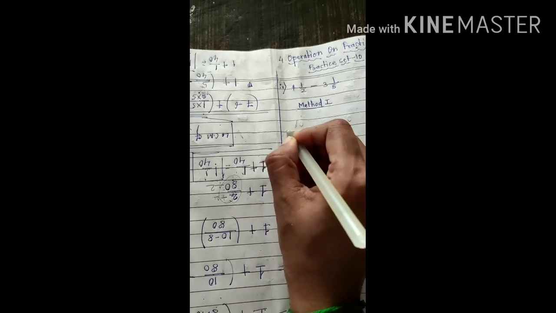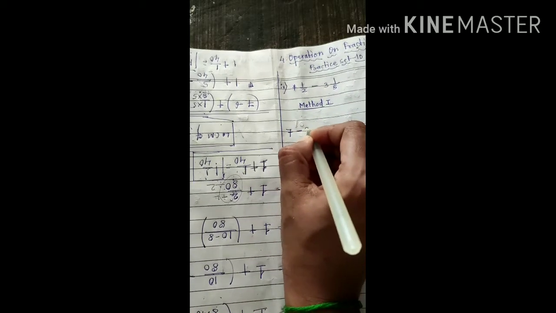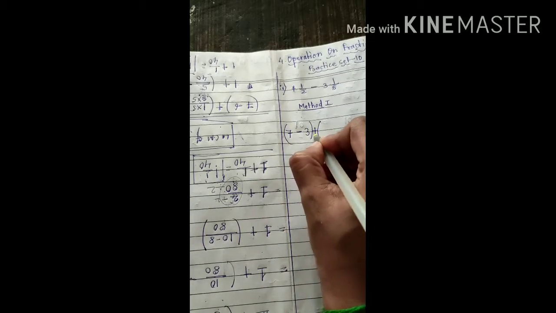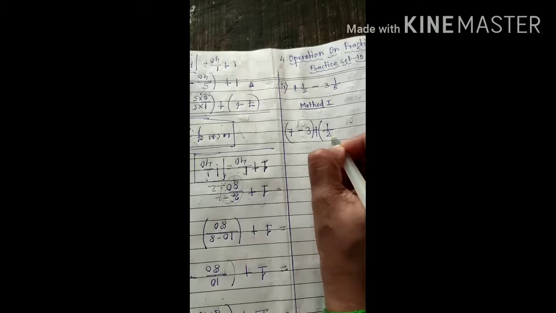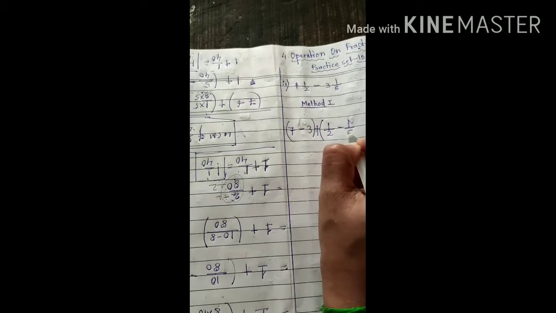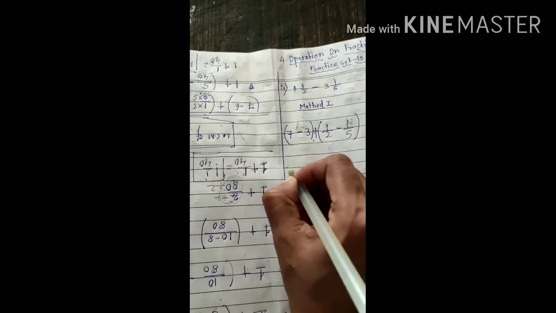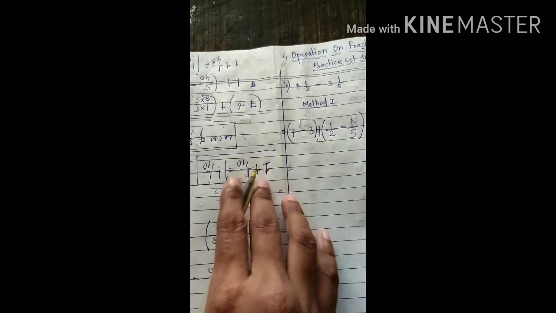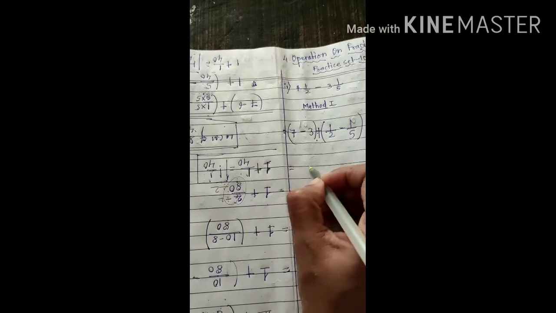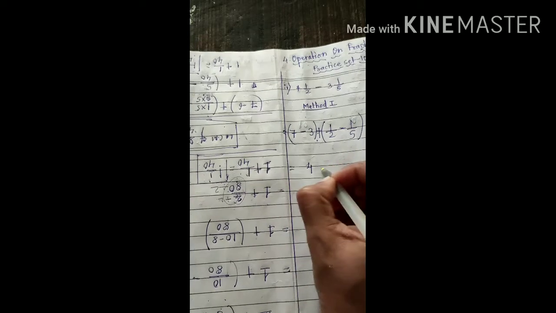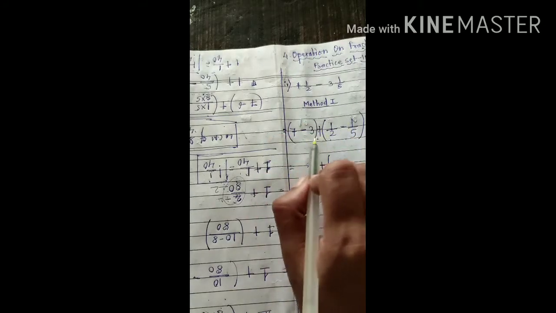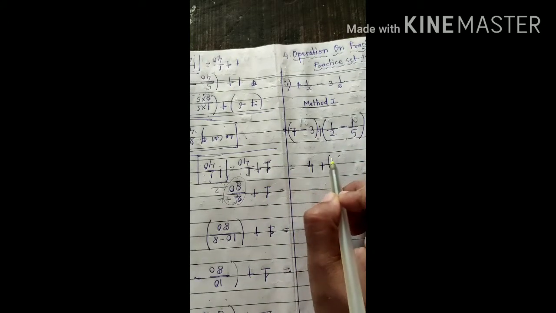Okay, first you subtract the integer parts, then here the plus sign, then you subtract the fractional part. 7 minus 3, how much? That is 4 plus, see here your denominators are not the same, so you cannot add these numbers directly.